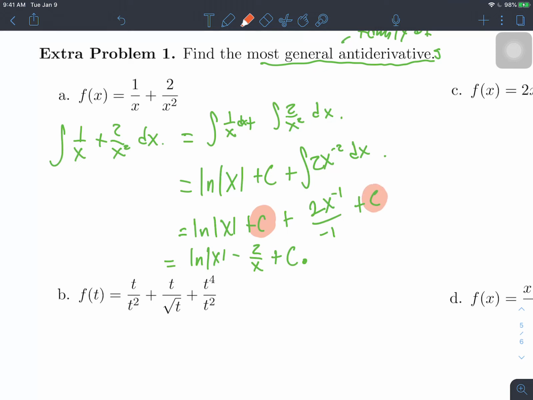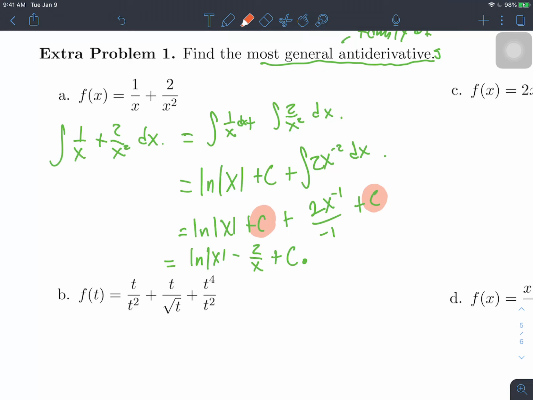Notice that I actually had two constants here, this c and this c. But I'm not going to write 2c here because each of these c's can just be any number that they want to be. If we take two numbers which are not necessarily the same and add them together, I'm just going to get some other number.